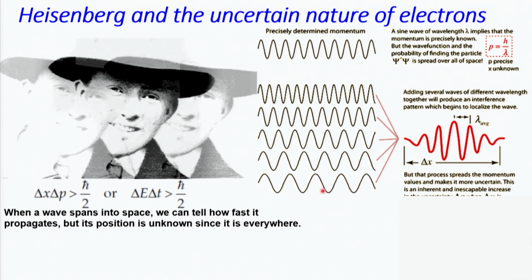So, it will have differences in wavelength or momentum. If you confine it to a very small space where the particle is, you need a number of waves having different wavelengths. Different wavelengths mean you cannot determine the momentum exactly. So, that is the limit between these two conjugate properties.